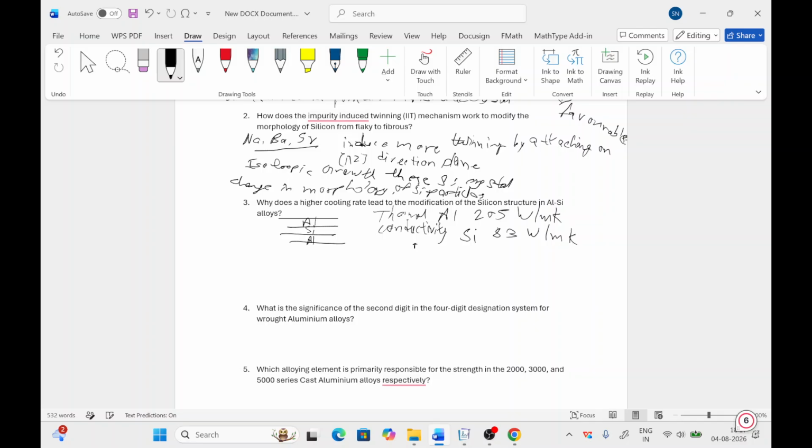So as the thermal conductivity of aluminum is higher than silicon, it will dissipate more heat and will grow faster than the silicon particle.